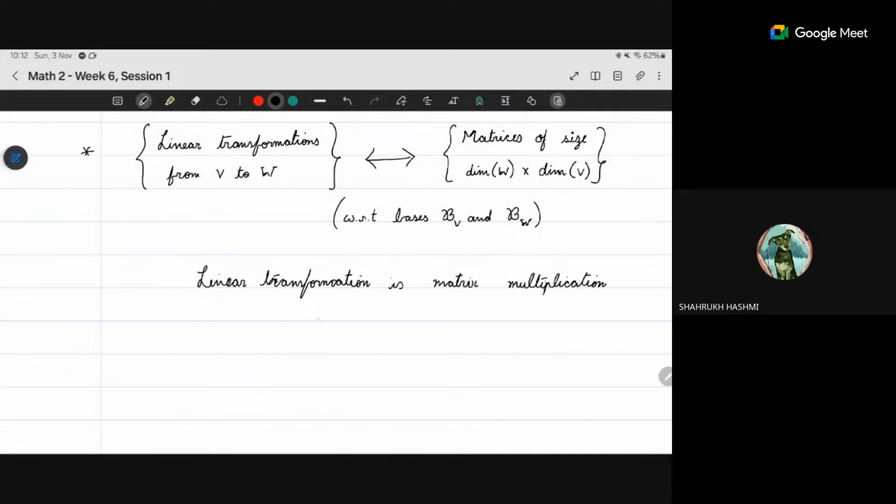As you saw, T of (x, y) is (2x plus 3y, 2x plus 4y). If I write it as column vectors, this was the matrix 2, 3, 2, 4 times (x, y).